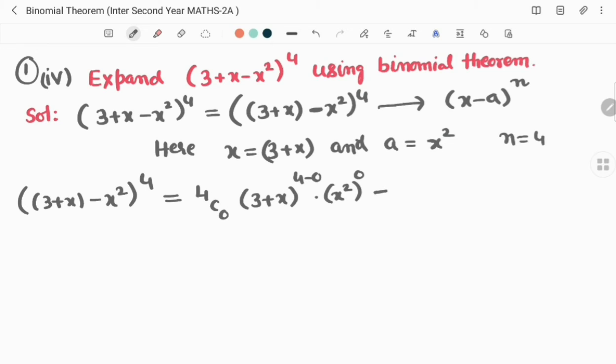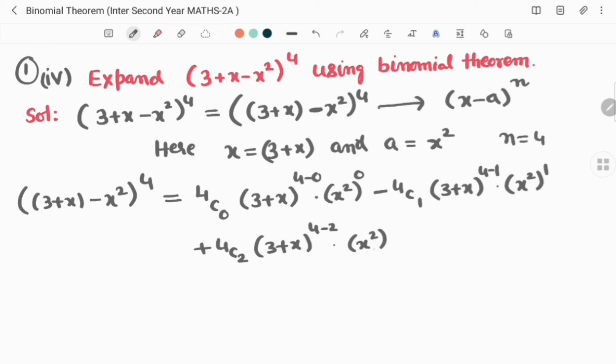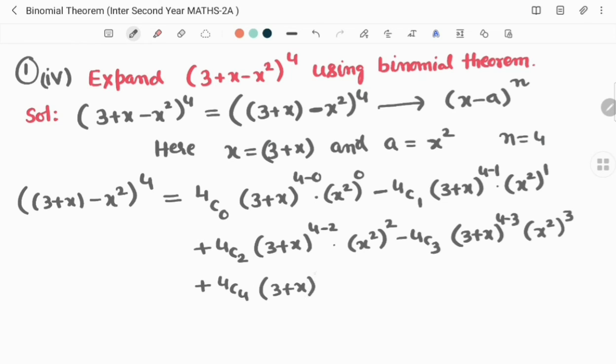Next, alternately plus and minus will come, minus is there now. 4C1 (3 + x)^(4-1) (x^2)^1 plus 4C2 (3 + x)^(4-2) (x^2)^2 minus 4C3 (3 + x)^(4-3) (x^2)^3 plus 4C4 (3 + x)^(4-4) (x^2)^4.